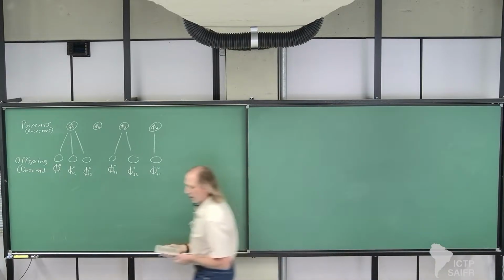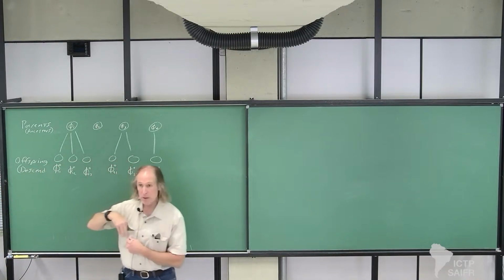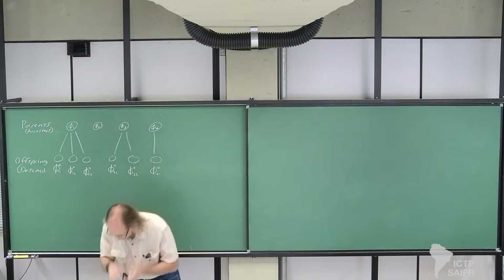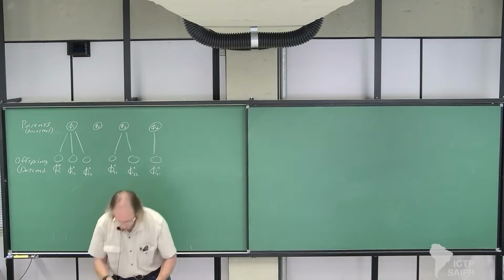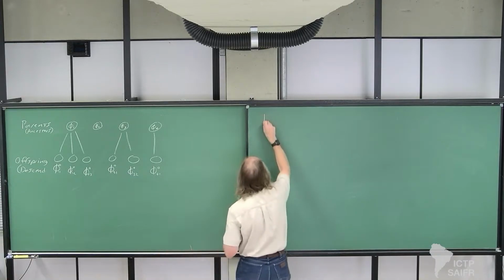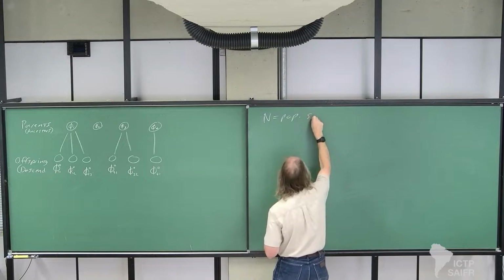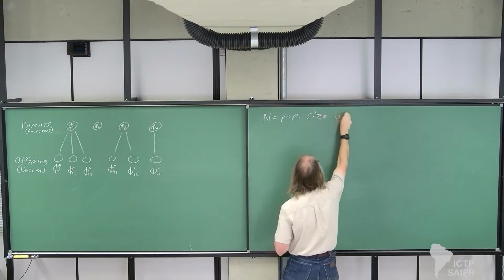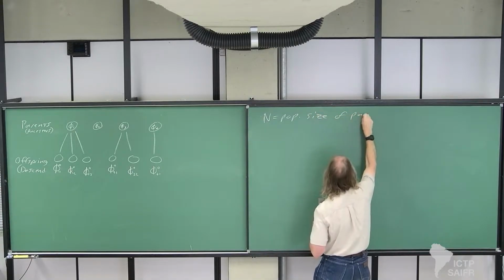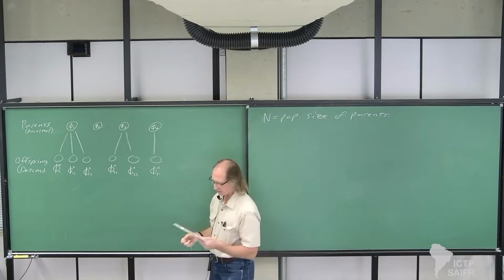Well, let's just write out the terminology we'll be using, and I've given you a bunch of it already. So capital N is population size. Population size of parents. And really, that means just ancestors.